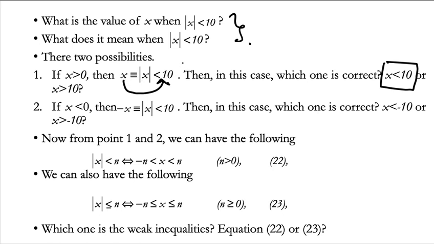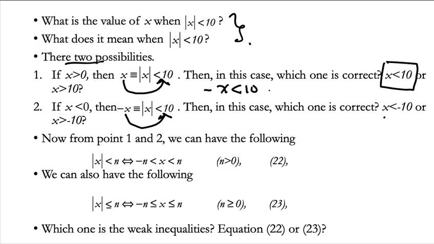x less than 10. But what happens, okay, because I said to you that there are two possibilities. If x is negative, then minus x is actually the absolute value of x and must be less than 10, isn't it? Okay. Now you look here. We say minus x is less than 10, isn't it? So which one is correct in this case? x is less than minus 10 or x is greater than minus 10?